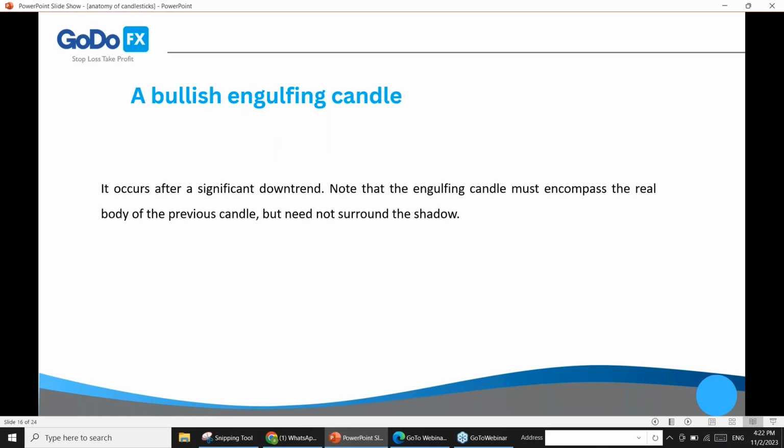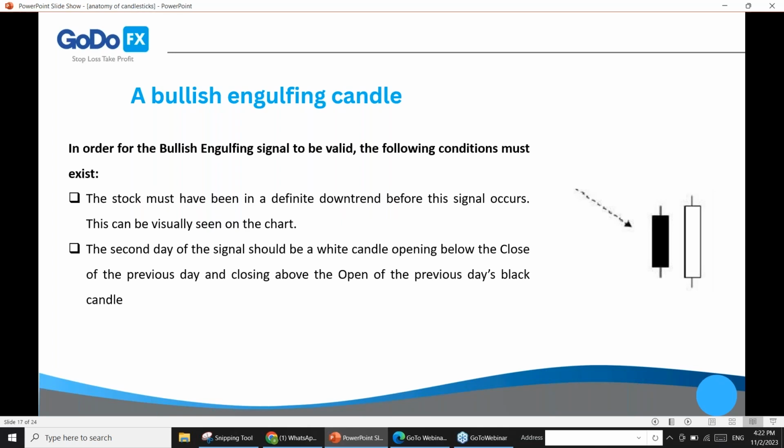Concerning a bullish engulfing candle, it occurs after a significant downtrend. Note that the engulfing candle must encompass the real body of the previous candle, but need not surround the shadow. So in order for the engulfing signal to be valid, the following conditions must exist.